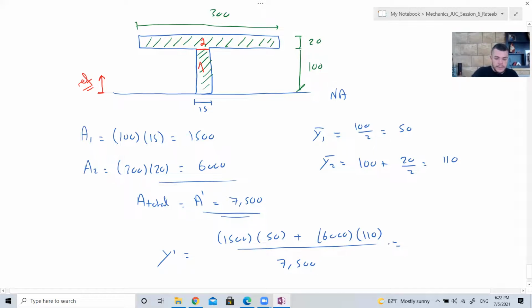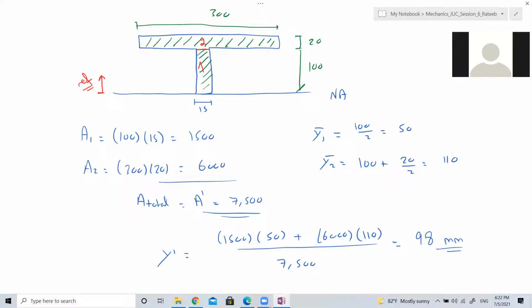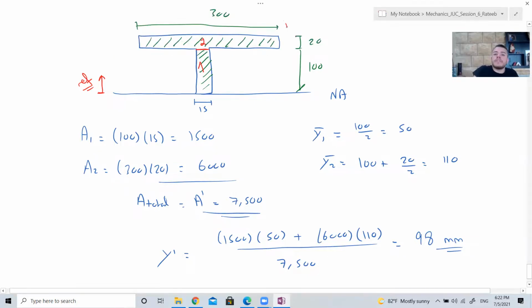Am I clear? Yes, it should be 98 millimeters. This is different from the one we found before. Do we understand? Yes, it's a new y prime that is only concerned with this area.